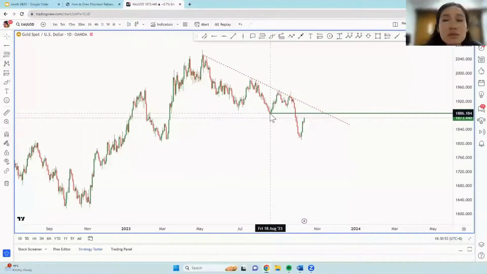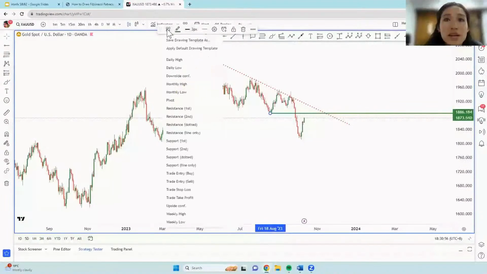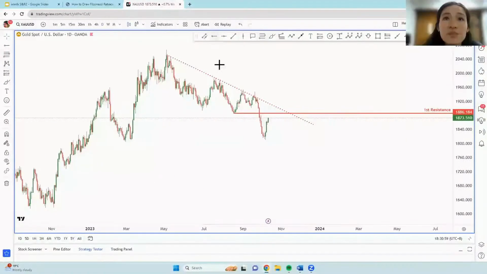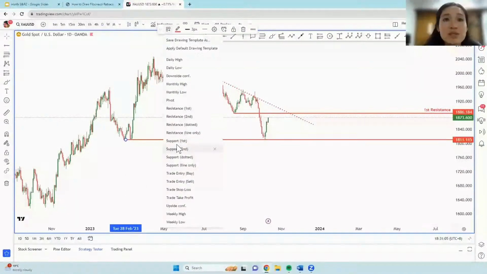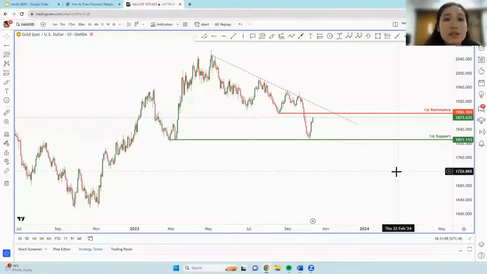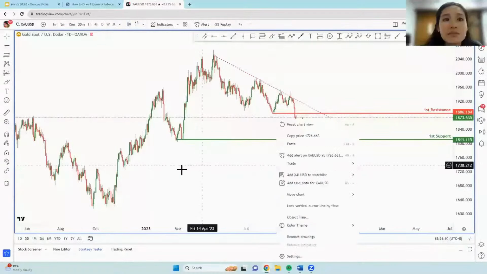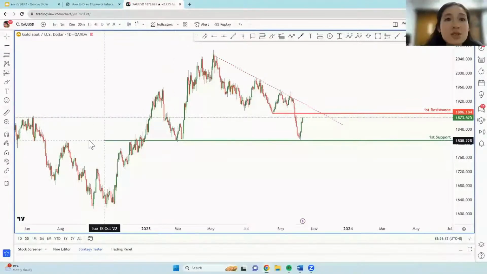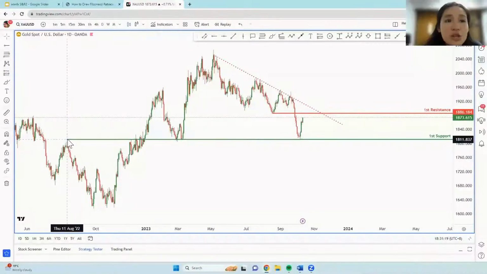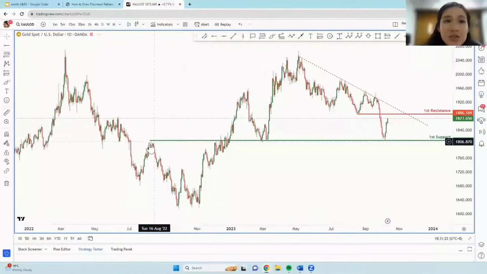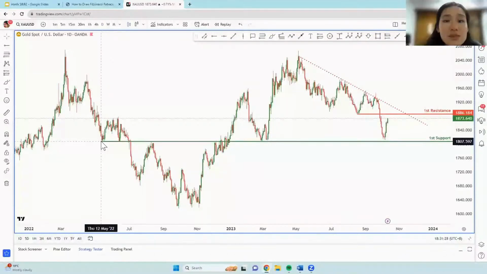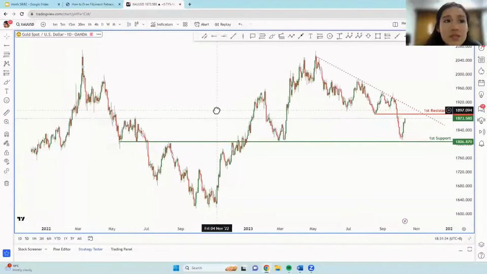Maybe I'll place my first resistance there, and my first support here. A good habit is to see how far back you can put your support and resistance levels, because it's easier to see how many times price has reacted off the level, so you know how significant that level is.